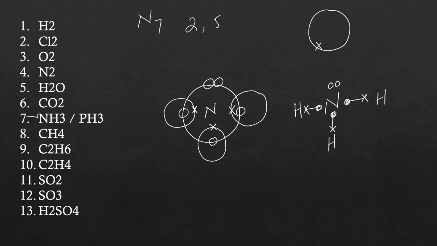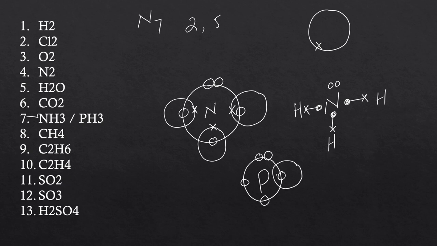So the next example, PH3, is similar to NH3 because phosphorus is also from group 5. Just instead of N, you can write phosphorus here. For example, if I remove this, you can see it is phosphorus. And 1, 2, 3, because phosphorus also has 5 electrons in its valence shell, and it is one hydrogen.